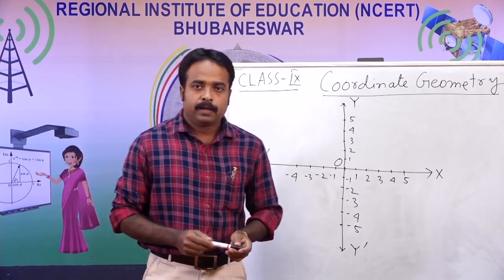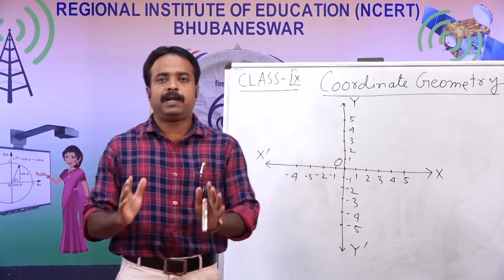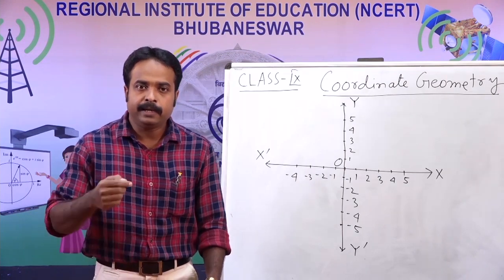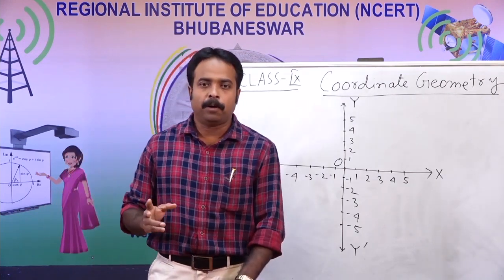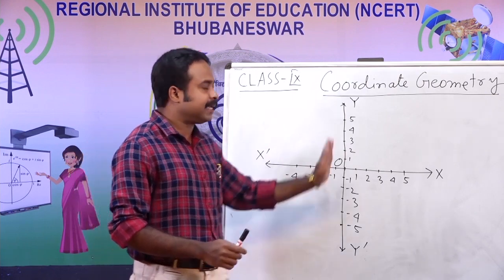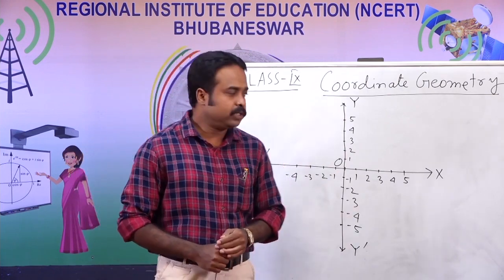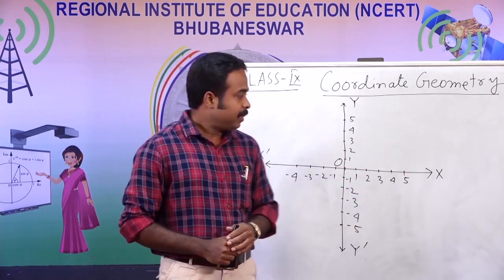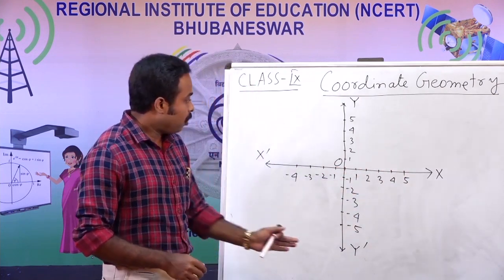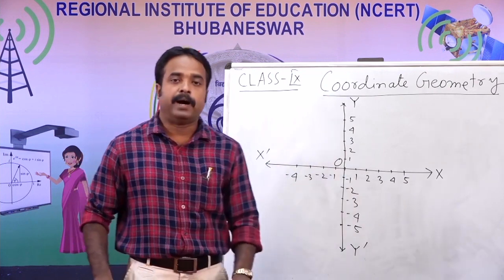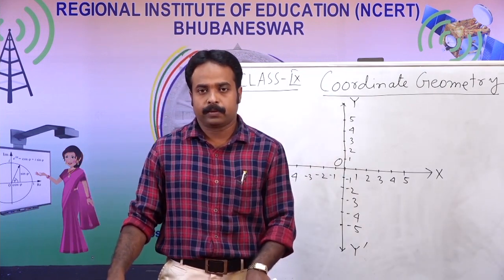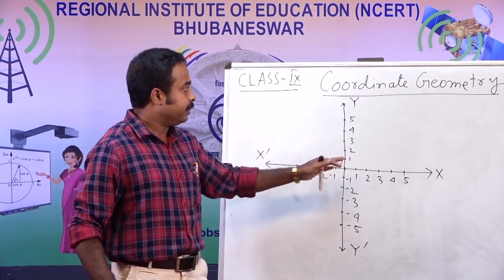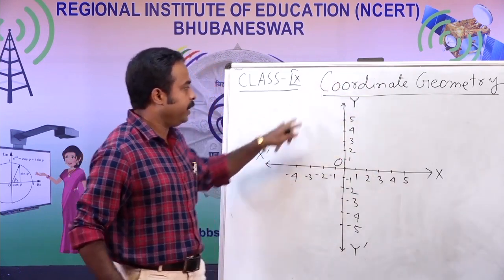So previously you know the number line. What Descartes did was invent the idea of placing another such line which is perpendicular to the previous one, and therefore this is vertical. Now you may see these two lines divide this whole plane.